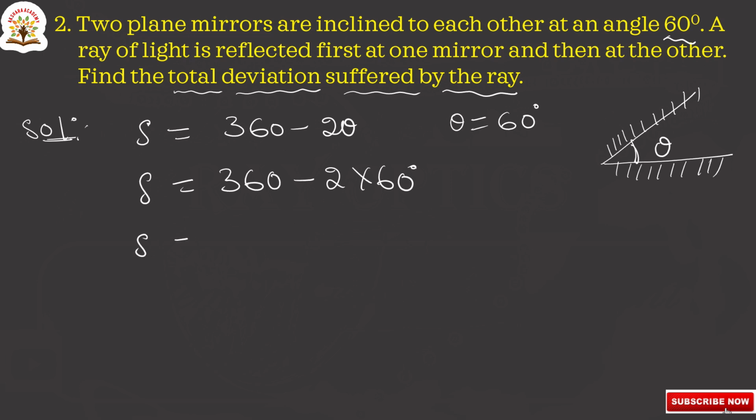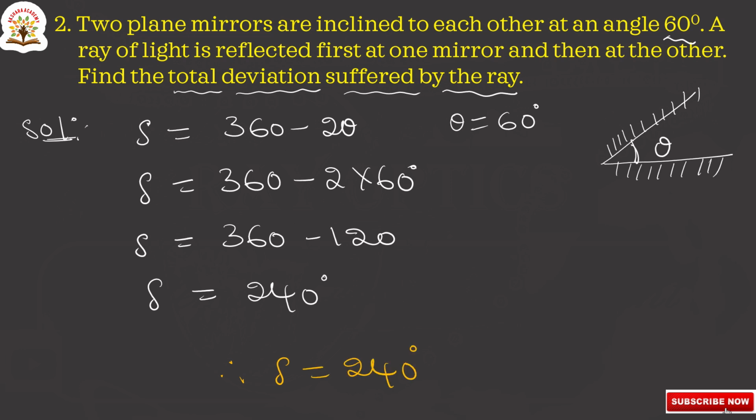So total deviation delta is equals to 360 minus 120. So delta is equals to, we are getting 240 degrees. This is the total deviation suffered by this ray. Okay, therefore delta is equals to 240 degrees. Okay, next we'll go to the next question.